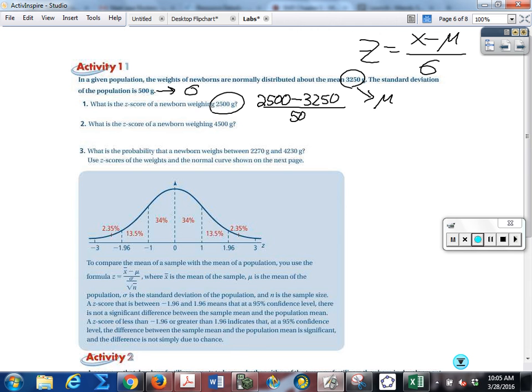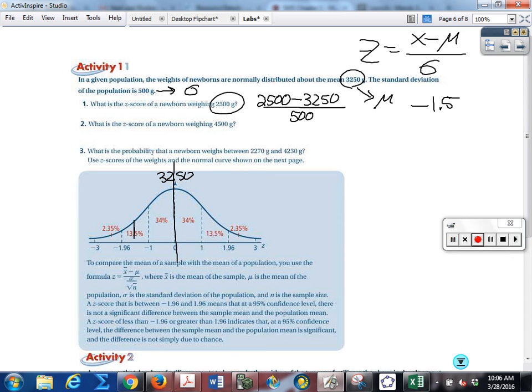That'll tell you the z-score of a baby that weighs 2,500. So negative 1.5, that's saying if the mean is 3250, if you go over negative 1.5 standard deviations to 2,500, that's how far away from the mean you have to go. It's negative 1.5 standard deviations to the left.